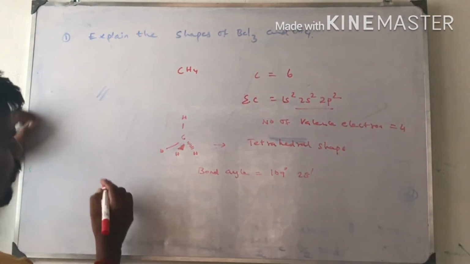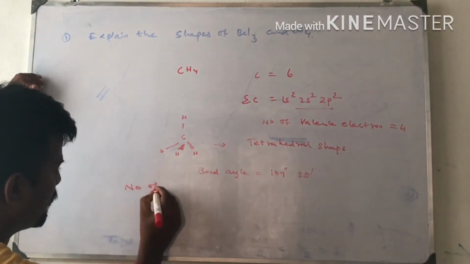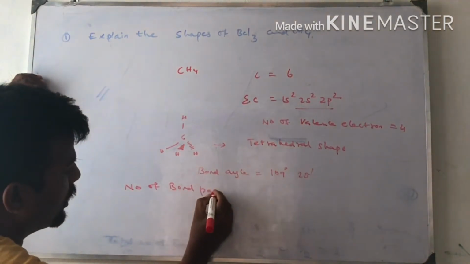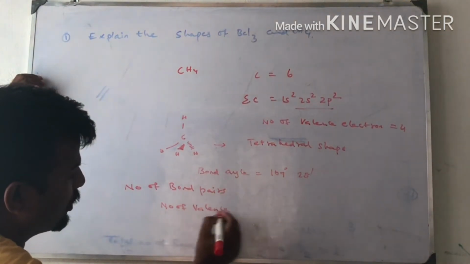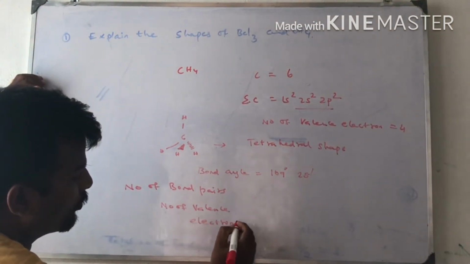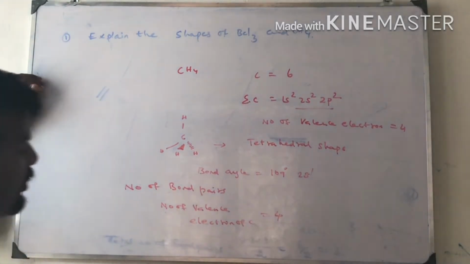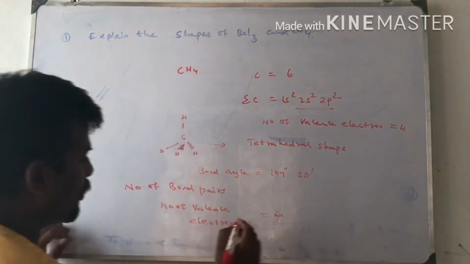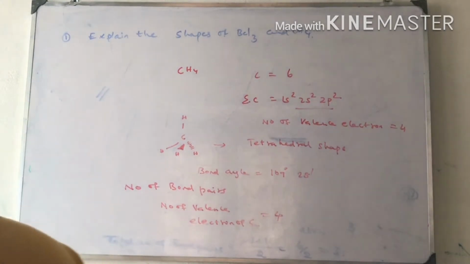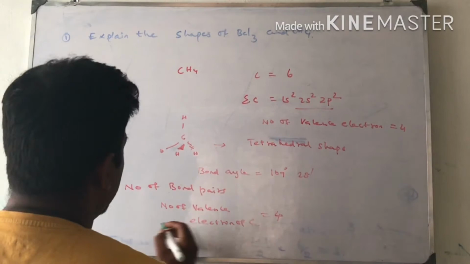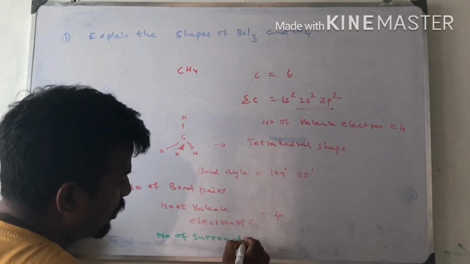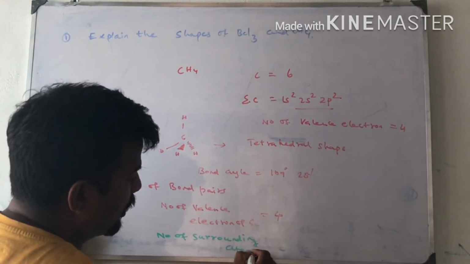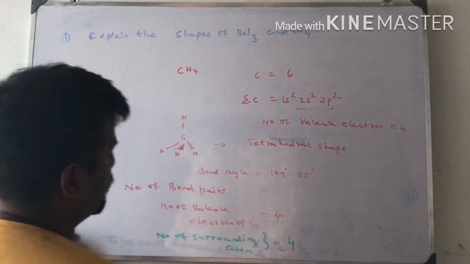Then we have to find the number of bond pairs. How can we find it? Same method. Number of valence electrons of carbon equals 4. Number of surrounding atoms is equal to 4.